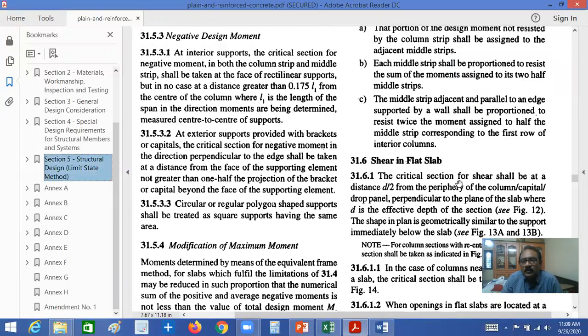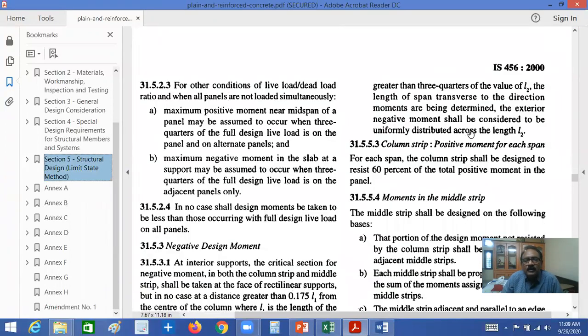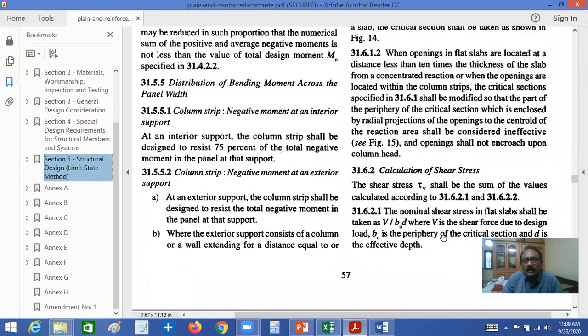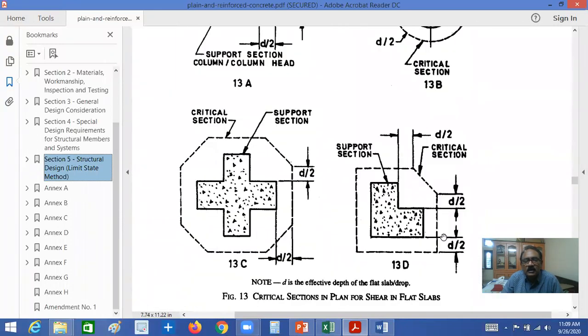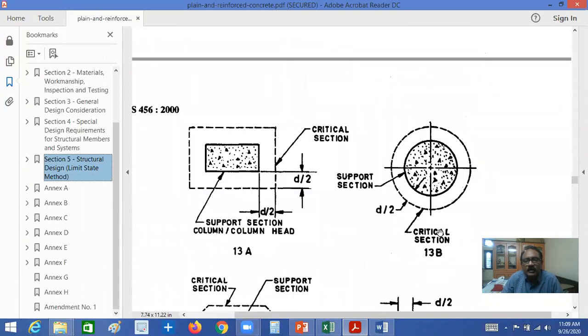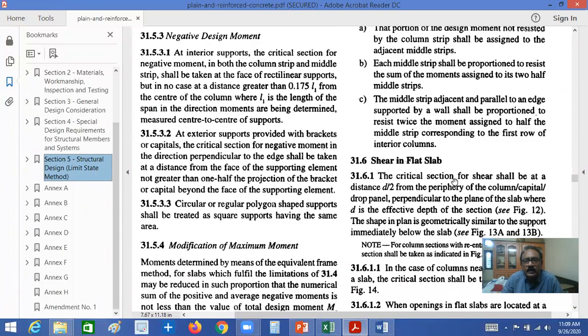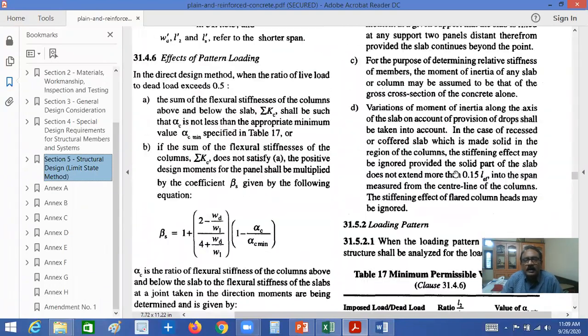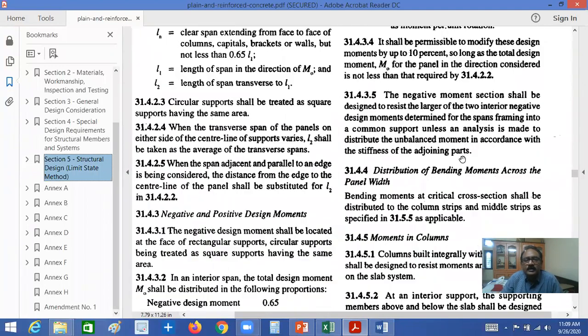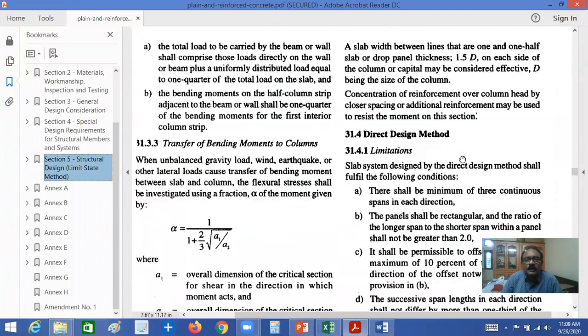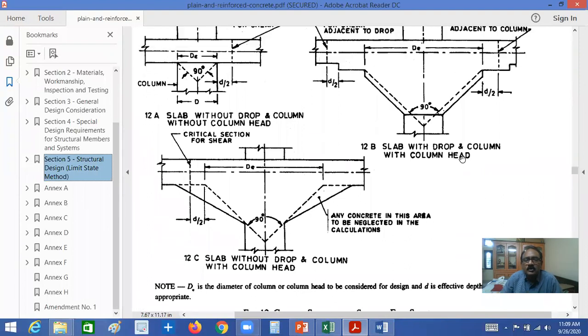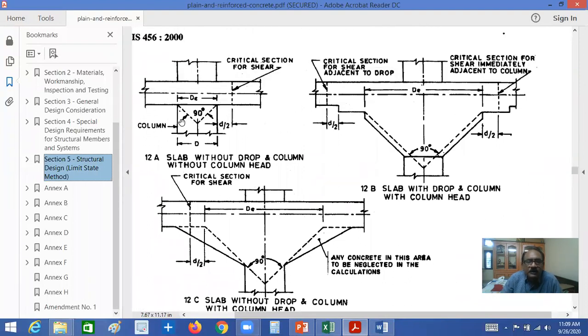You can see this is Figure 13. Now in Figure 12, if you see the previous figure, you will understand why they have given it like this. Whatever it may be, beam or slab, it is d by 2 from the column. A footing is just like a slab.